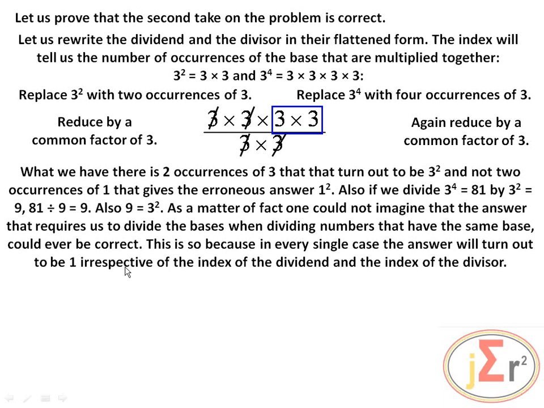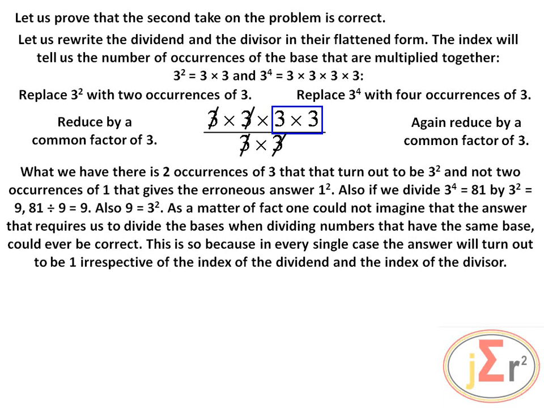As a matter of fact, one could not imagine that the answer that requires us to divide the bases when dividing numbers that have the same base could ever be correct. This is so because in every single case, the answer will turn out to be 1, irrespective of the index of the dividend and the index of the divisor, because we say we are dividing numbers that have the same base.